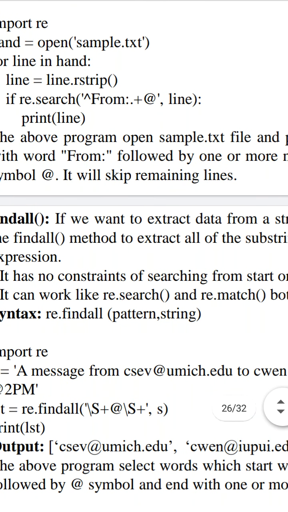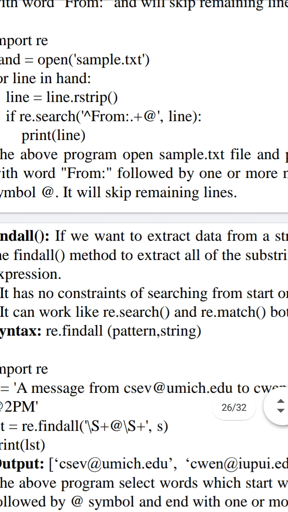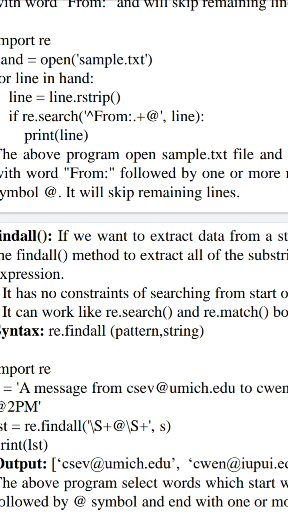Dot plus indicates that dot is any character, and the plus meta character says that a minimum of one character should be present, or any number of characters should be present before it ends with the @ symbol. Even after it there may be content, but the minimum search is that the line should start with from: after that it can have any number of characters, and a minimum of one character should be present.